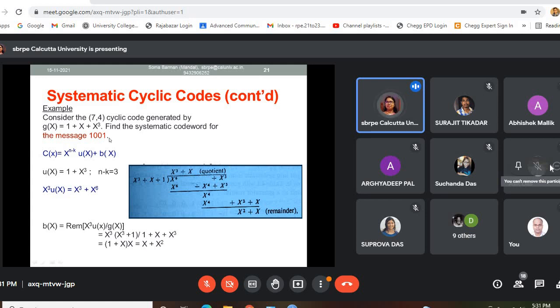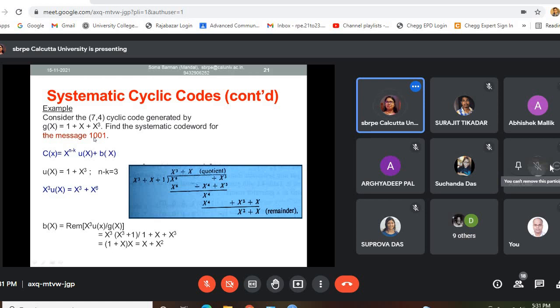So how do you form the cx? cx is x to the power n minus k ux plus bx. So n minus k, how much? 7 minus 4, that is 3. And in this case your ux is how much?